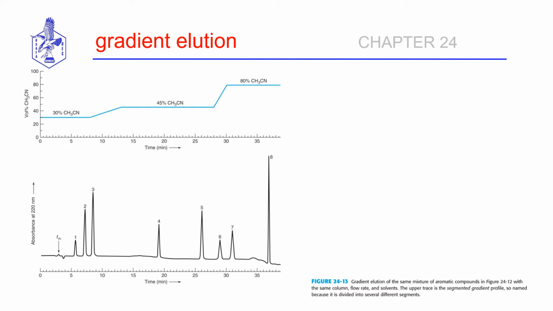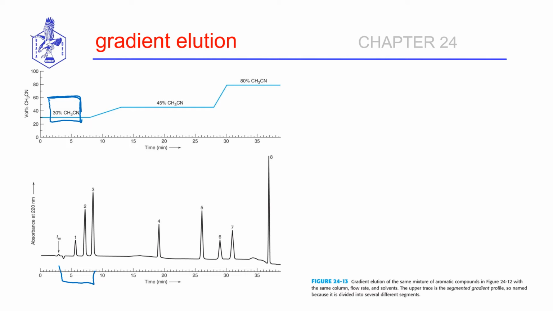Had I conducted the separation depicted in the previous slide using gradient elution, to get my early components off cleanly, I want to use 30% acetonitrile. That gets these components 1 through 3 off in less than 10 minutes with good resolution.